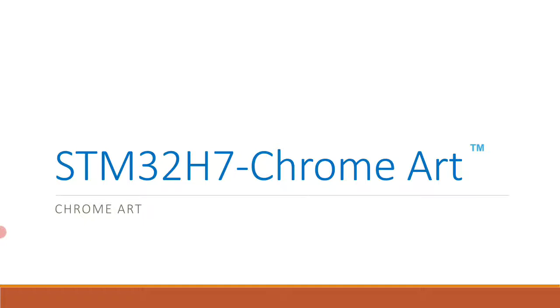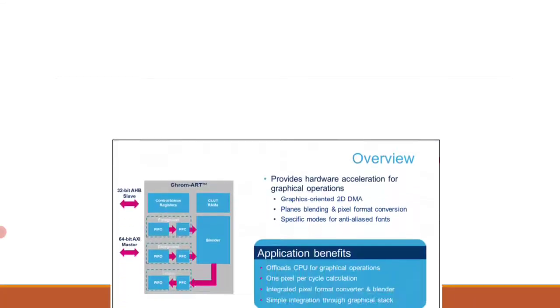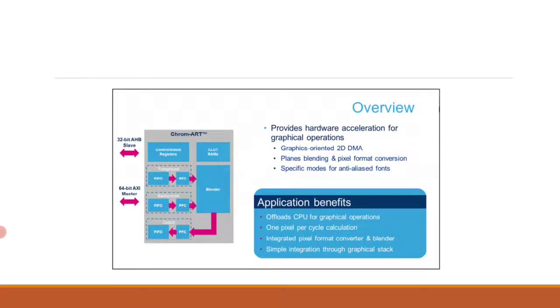Chrom-ART. The Chrom-ART accelerator is built around a 2D DMA engine for fast data copy with specific functions to support pixel format conversion as well as blending operations between two planes. It also provides specific modes for managing anti-aliased fonts.